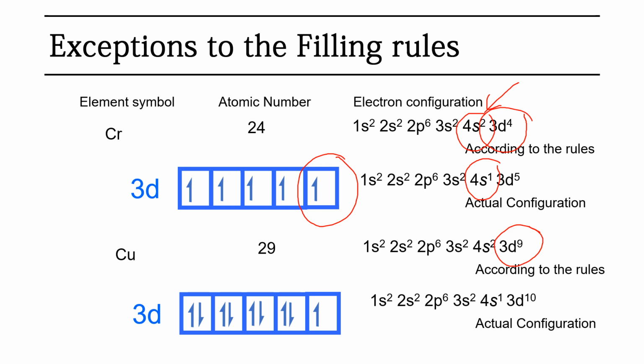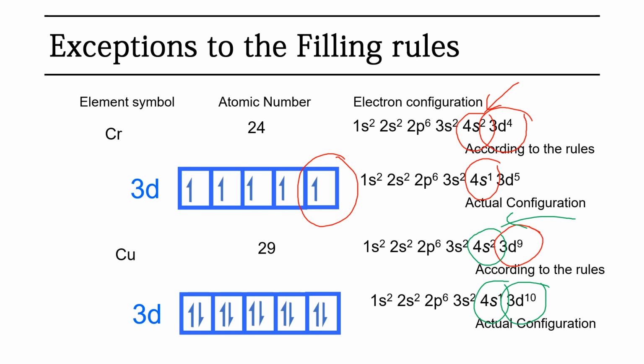Therefore, it can take 1 electron from the 4s orbital to fill the 3d. The 4s orbital donates 1 electron to the 3d orbital, and then the 3d orbitals are fully filled.